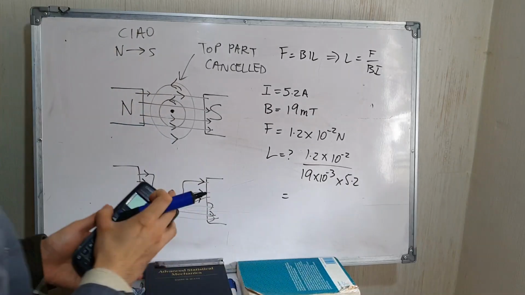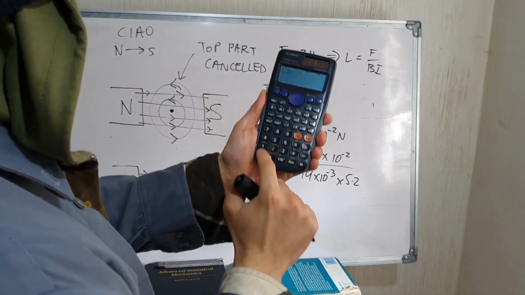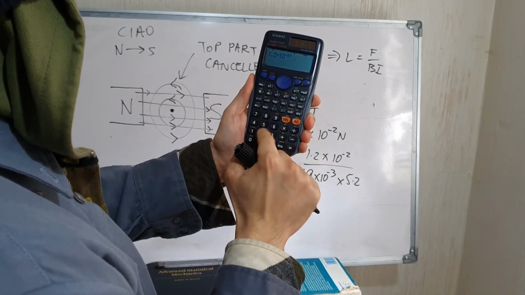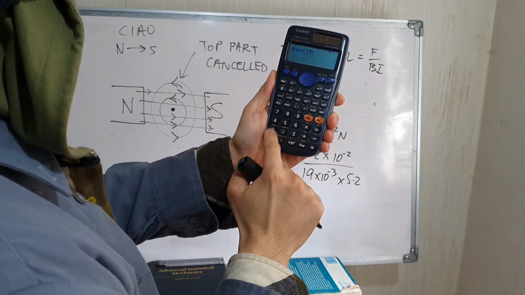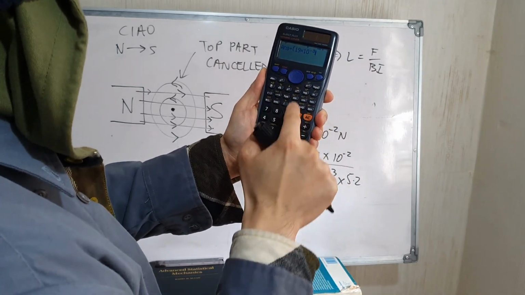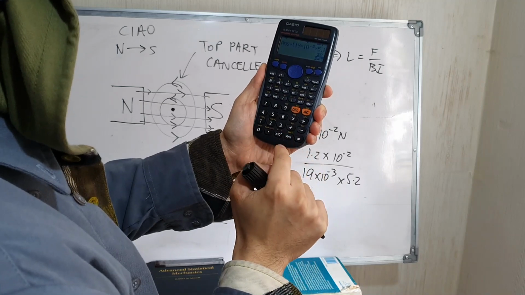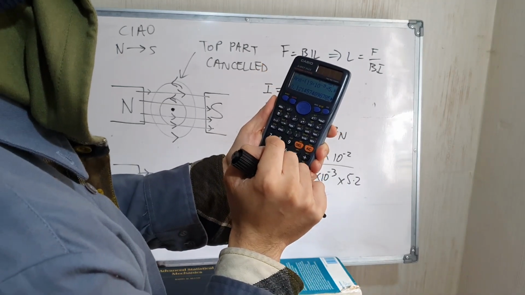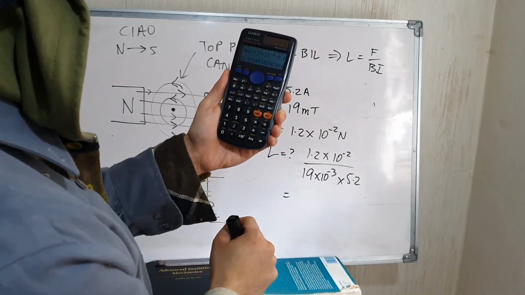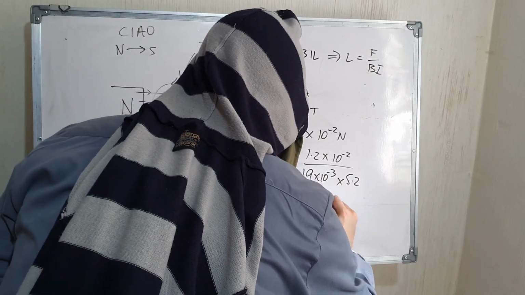And what is your answer? I'm dividing 1.2 times 10 to the minus 2 by 19 times 10 to the minus 3 and multiplying it by 5.2, and you should get 0.121. Now they've done it to one decimal place, so let's do it to one decimal place. So it's 0.12. 0.12 meters.